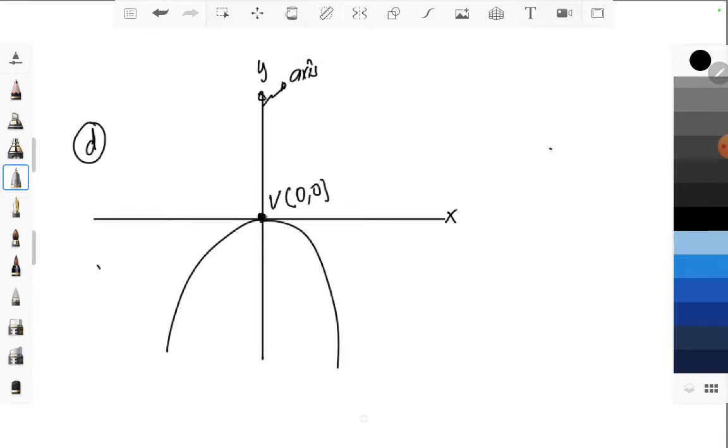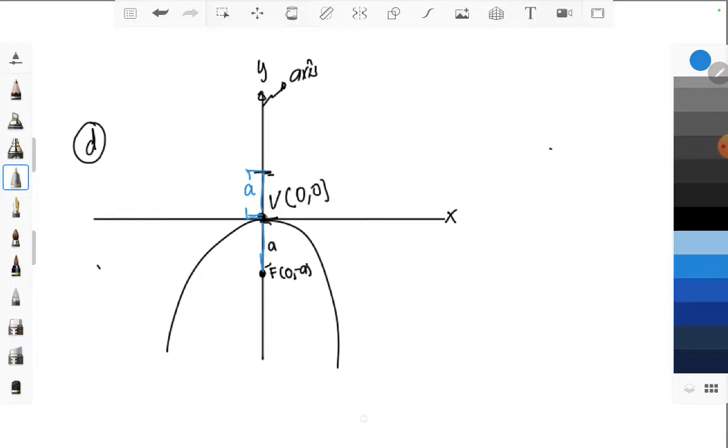So let this be our F, wherein we have, of course, our a here. Since it is the x-axis, I will consider this as (0, negative a). Since our vertex is our midpoint, this is our a, and this has equal length.